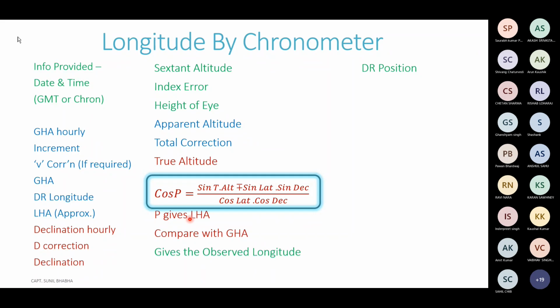So you compare this accurate or exact LHA with the GHA of the body, and their difference gives you the observed longitude. The difference between the GHA of a body and the LHA of a body is determined by the longitude of the observer.